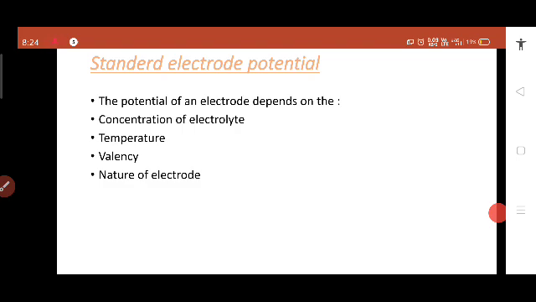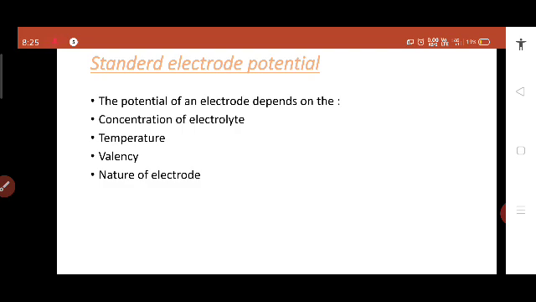Listen here. The standard electrode potential: the potential of an electrode depends on the concentration of the electrolytic solution which we take in solutions.